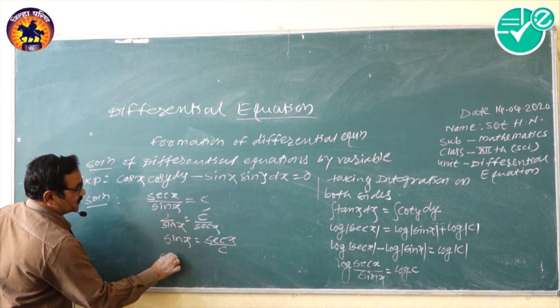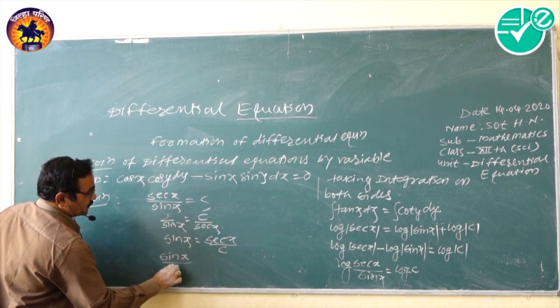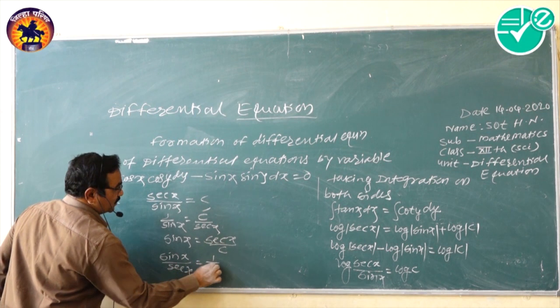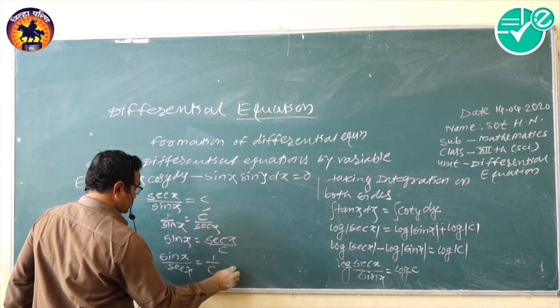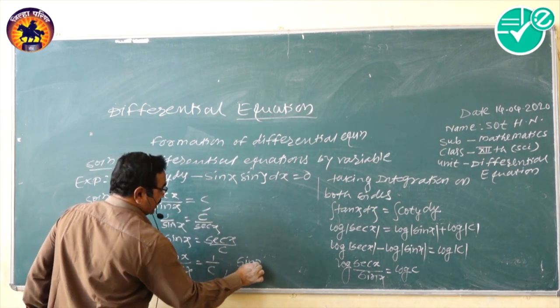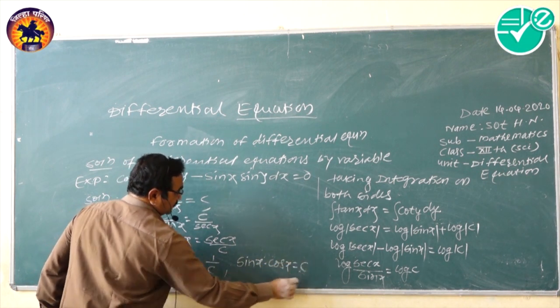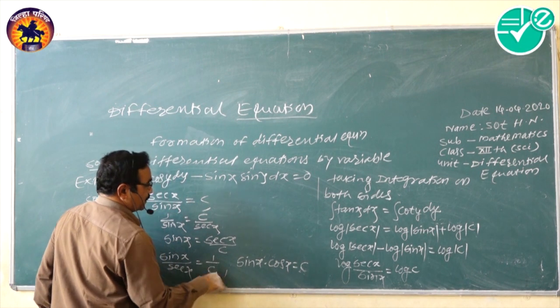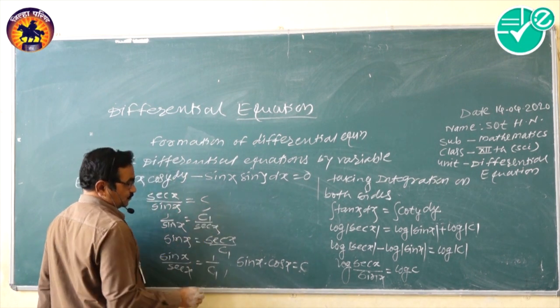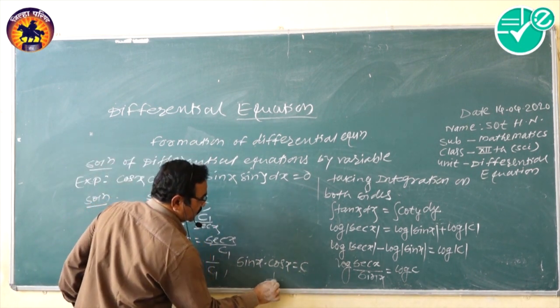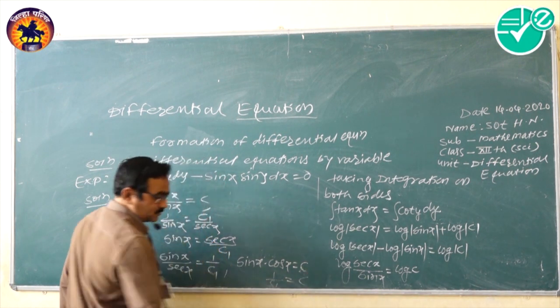This is sin y upon sec x equal to 1 upon c, and this becomes sin y into cos x equal to c1, that is 1 upon c equals c1.